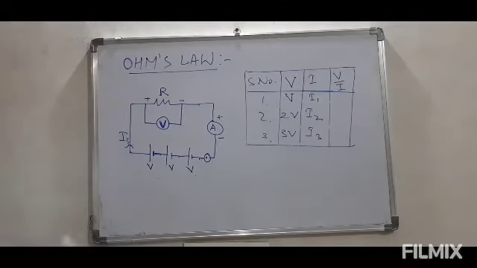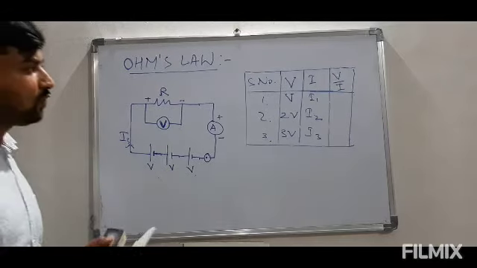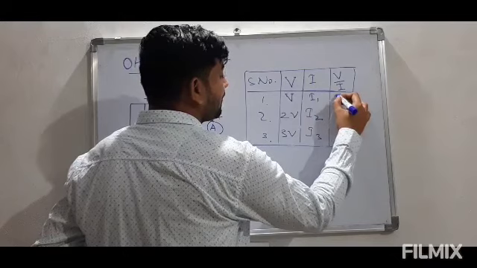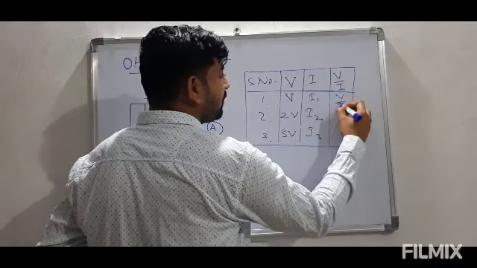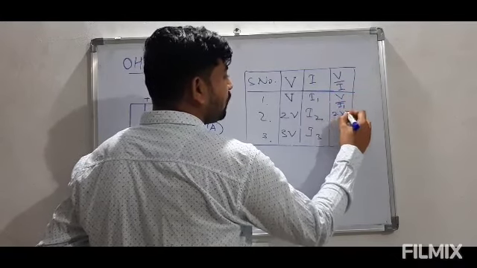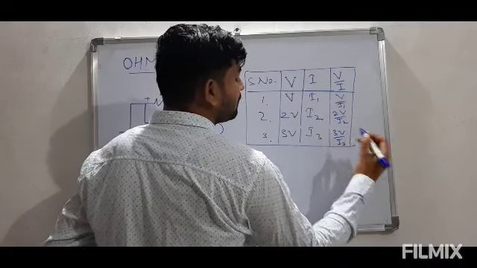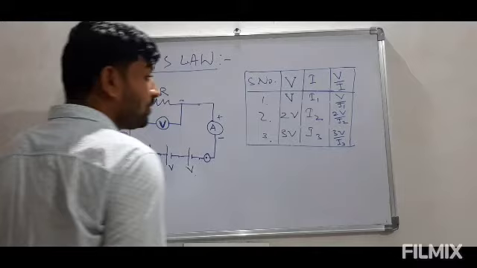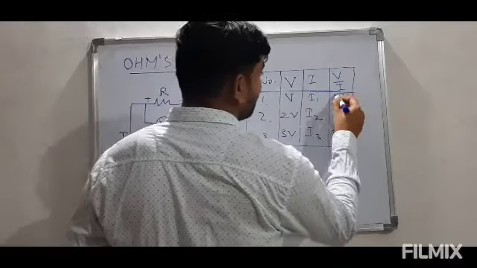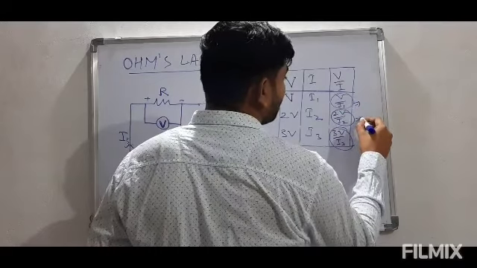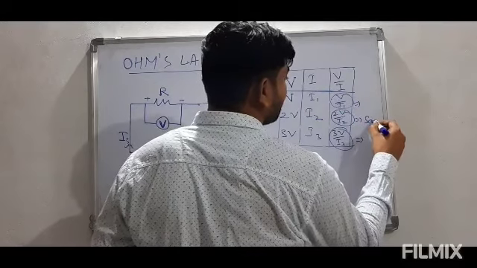By doing this experiment, what Ohm found is that if we calculate the ratio, V upon I1, 2V upon I2, 3V upon I3, all these values were the same.